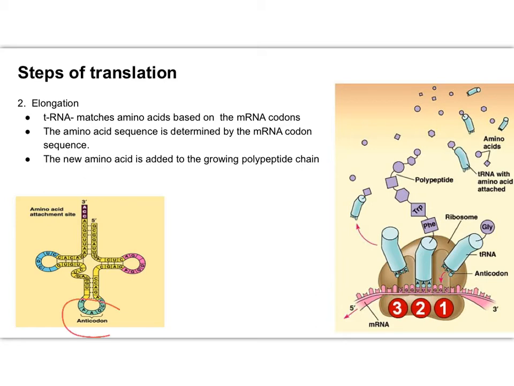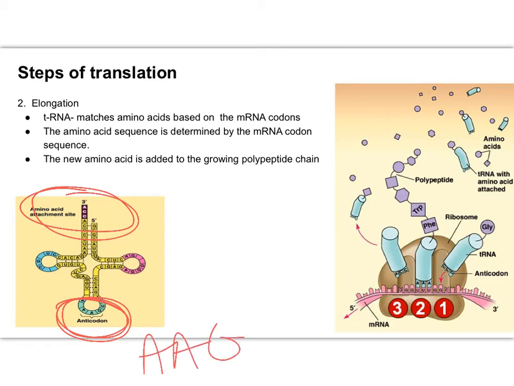So I've got my anticodon on one side, and I'm going to have my amino acid attaching on the other side. This particular tRNA, whose anticodon is AAG, the amino acid that is on this other side never changes. It's always the same amino acid.